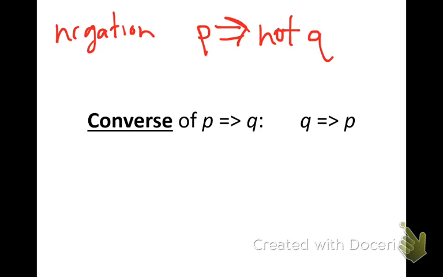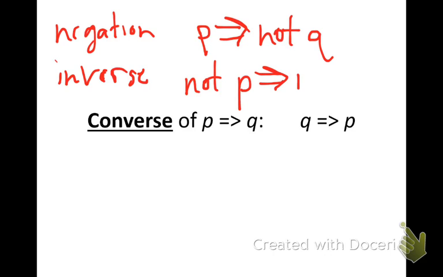Converse, we just covered that. You replace the part after the then with what's after the if, and you move the part after the then to after the if. You replace the hypothesis and conclusion. You interchange them. Inverse. An inverse is if not P, then not Q. You negate both the hypothesis and conclusion.